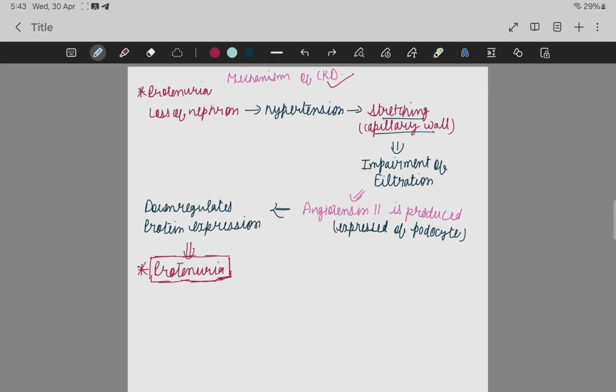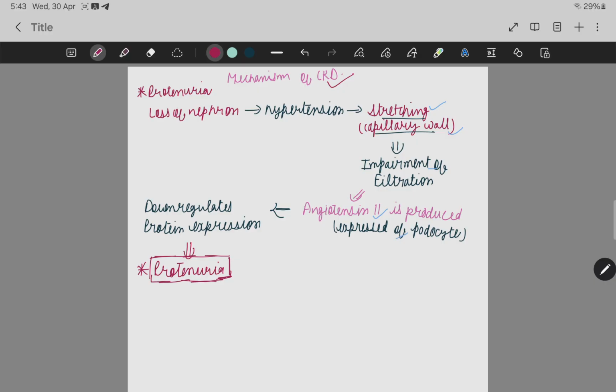I will give you some more knowledge about the podocyte response. As there is impairment of filtration due to stretching of the capillary wall, angiotensin II is produced, which is expressed on the podocytes.